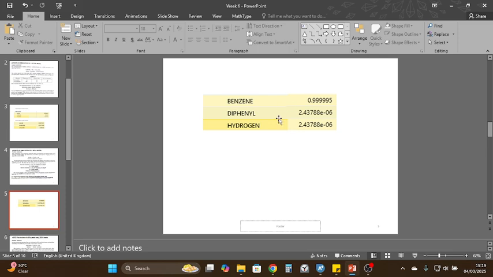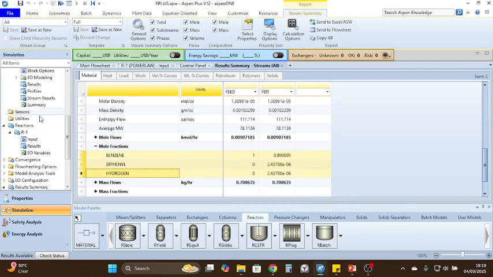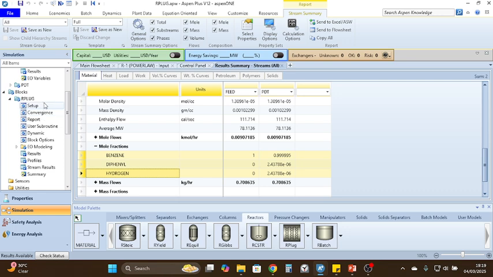Now what we have to do is find out the variation. So over here you can see that there is this profile plot.